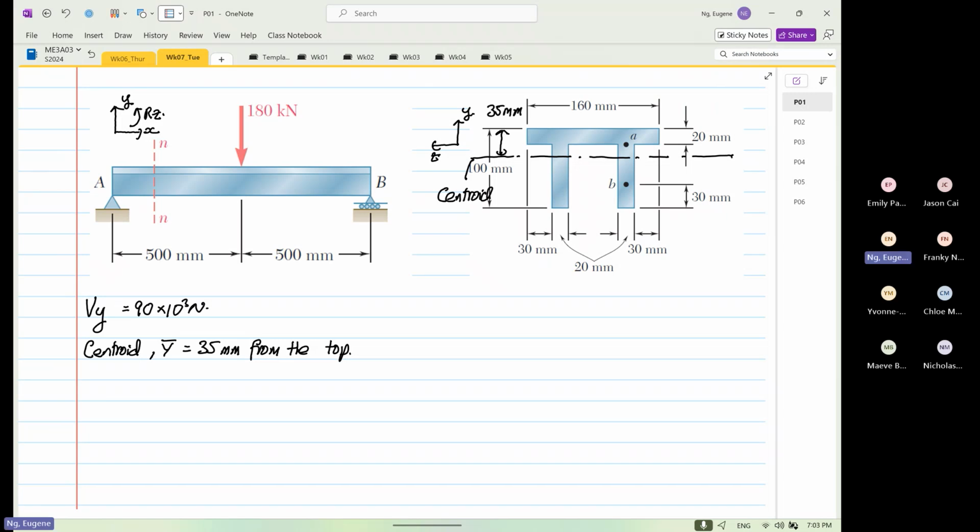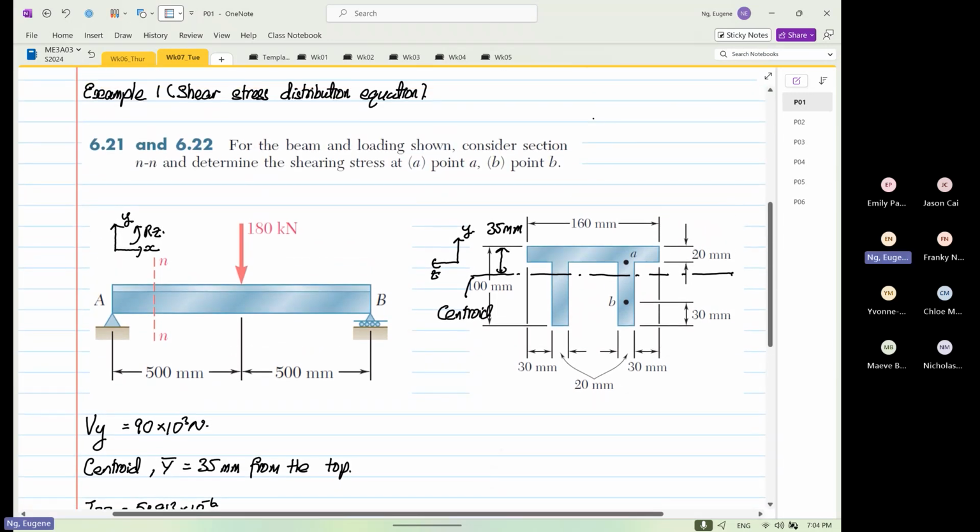That we know already. So IZZ, as I said, is 5.813 times 10 to the power minus 6.